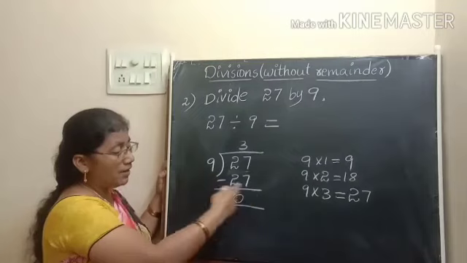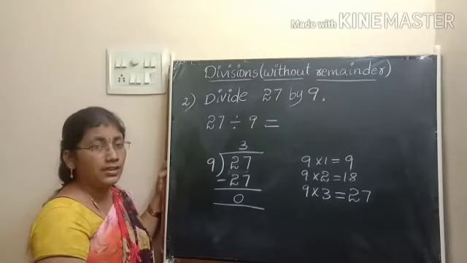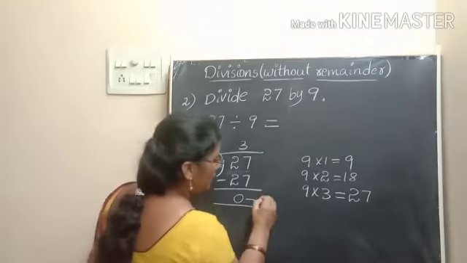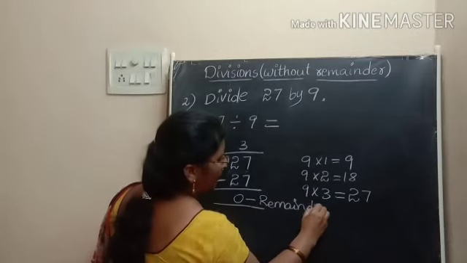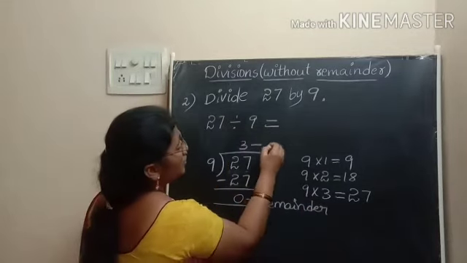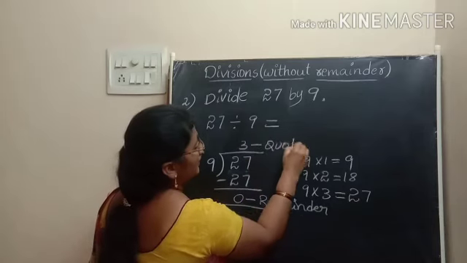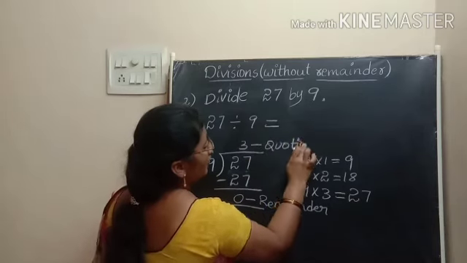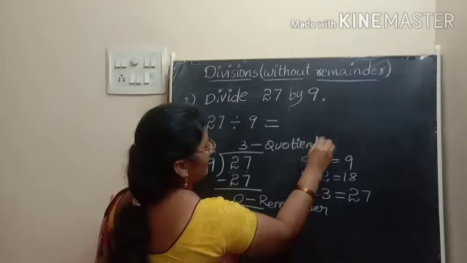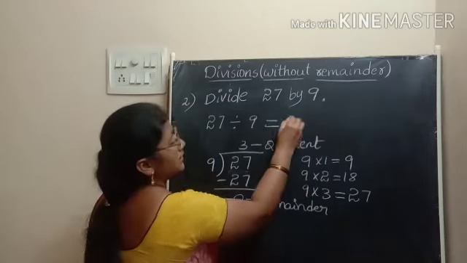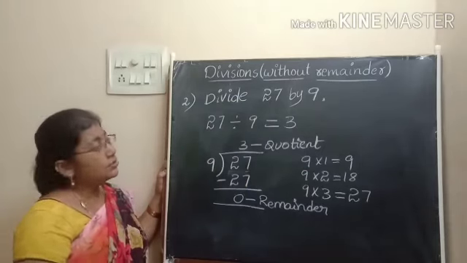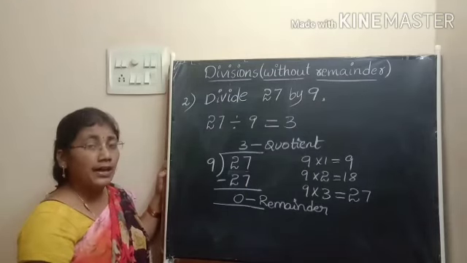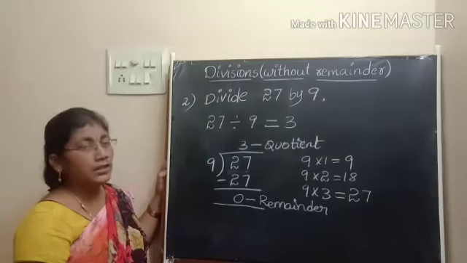Here the remainder is 0, means nothing. So there is no remainder. And 3 is called coefficient. This is called result. So 27 divided by 9 is equal to 3.